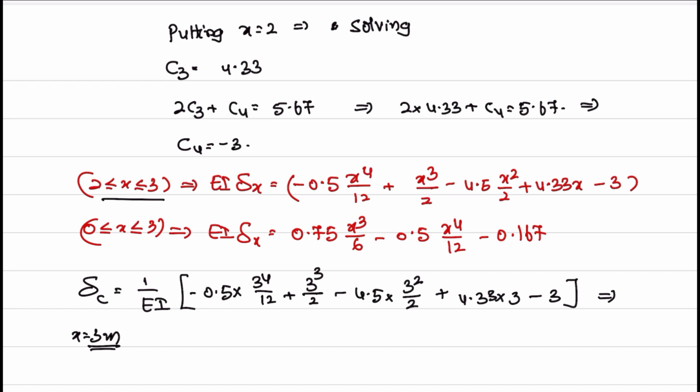This implies delta C is equal to 1 by EI into minus 0.125. This is the deflection at the free end.